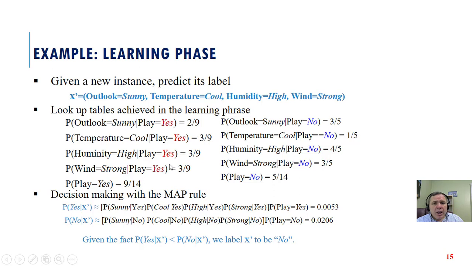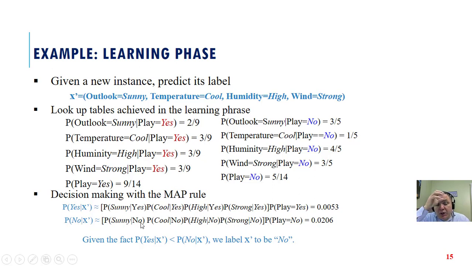Based on these, we calculate the probability of all these features given the first class and given the second class. Here we have a binary classification, class 1 and class 2, and we plug these numbers into our Bayesian equation, and we take the one that maximizes our probability.